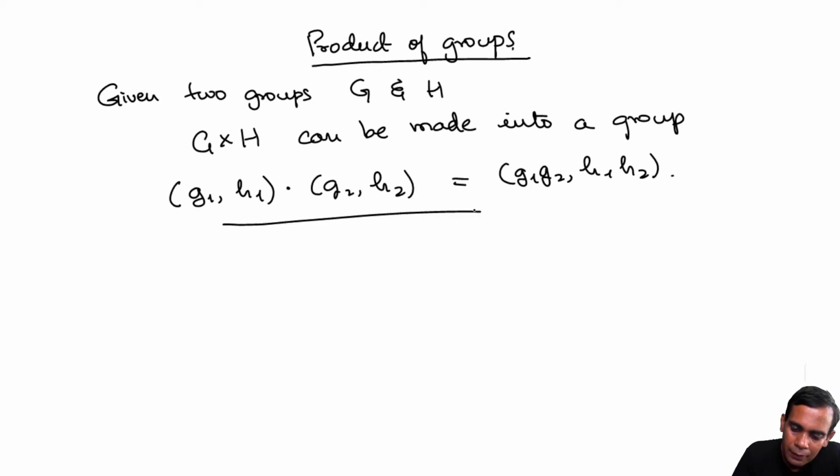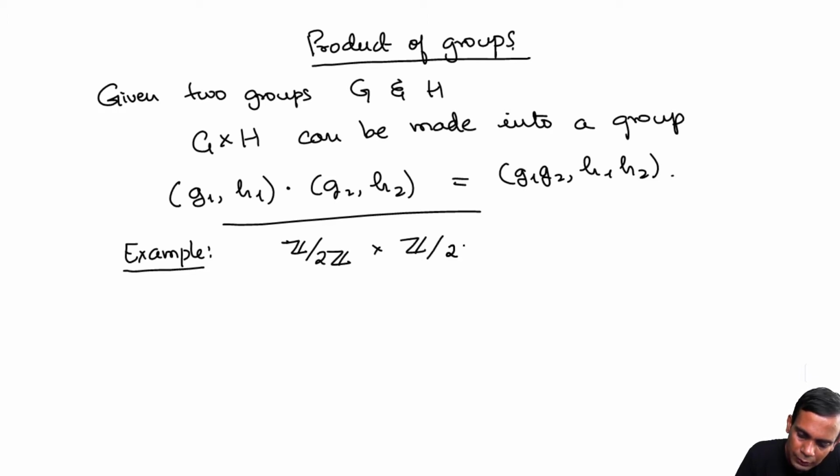Now let's look at an example. One example is, let's look at Z mod 2Z cross Z mod 2Z. So what is the size of this group? This is a group of order 4.